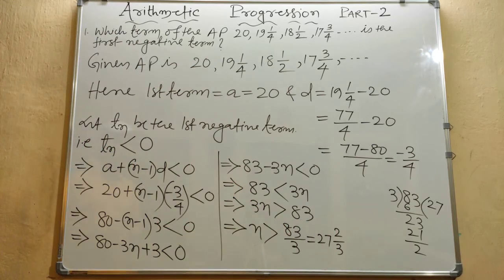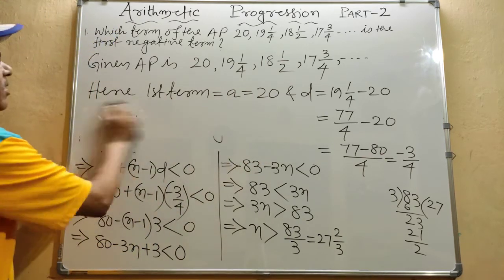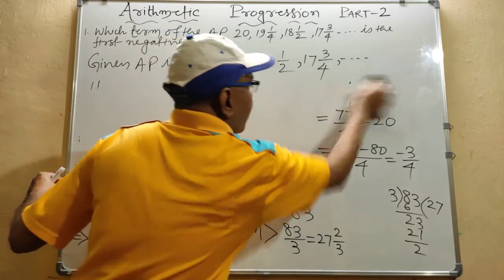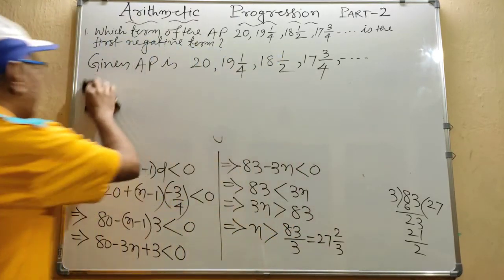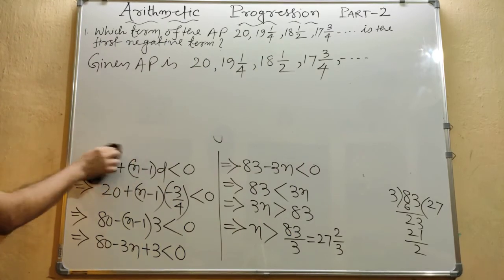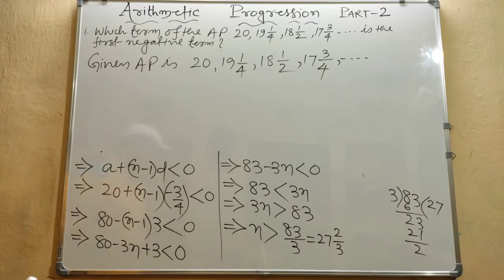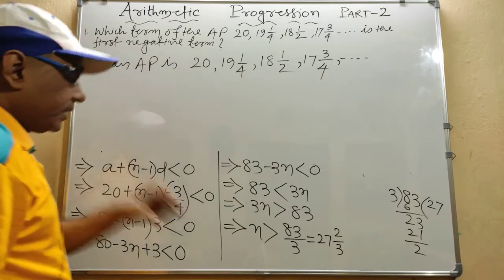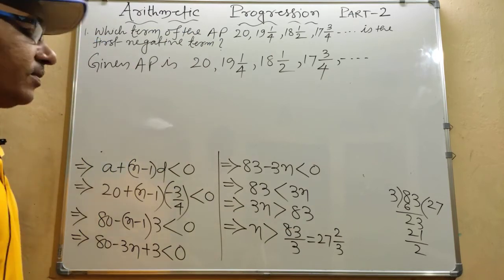Now this is important. This one line is important for you. Try to understand properly. We have assumed the nth term is the first negative term, and that n is coming greater than 27 and 2 by 3.